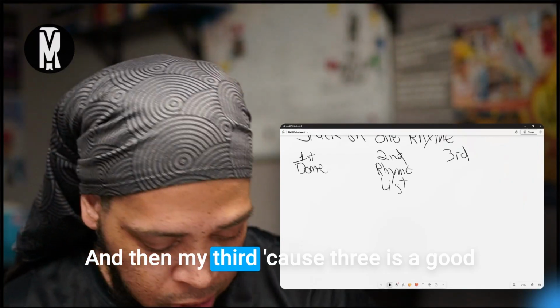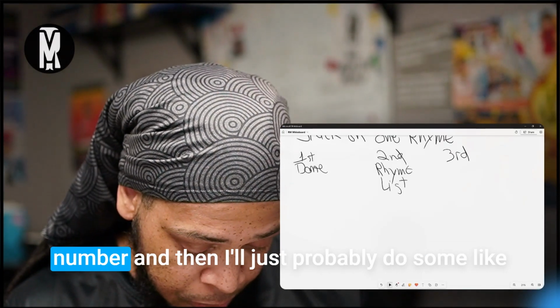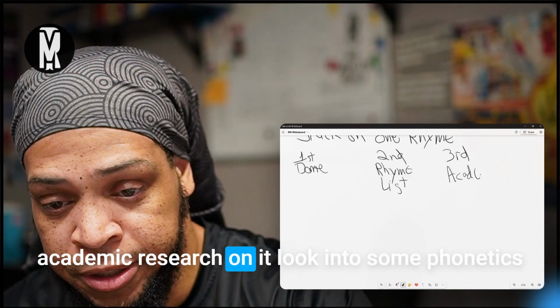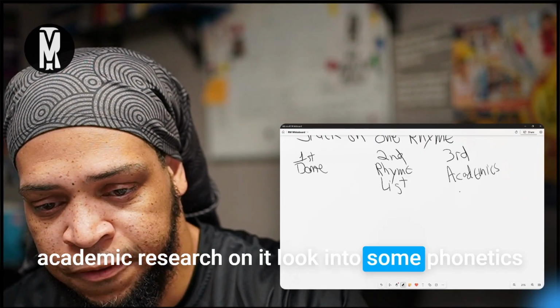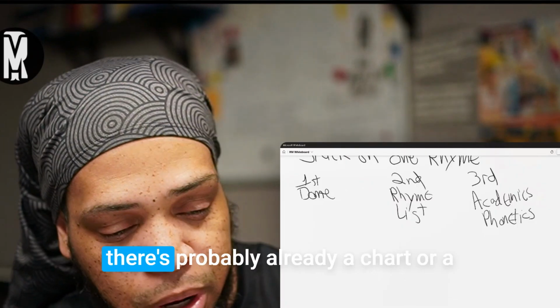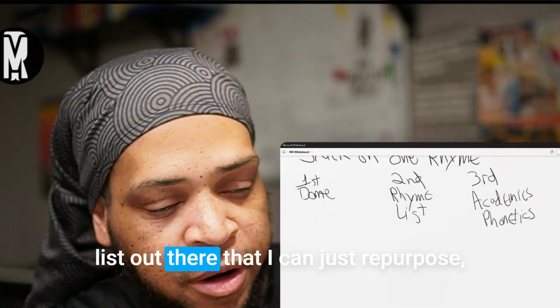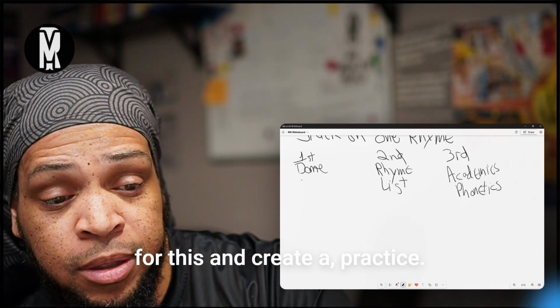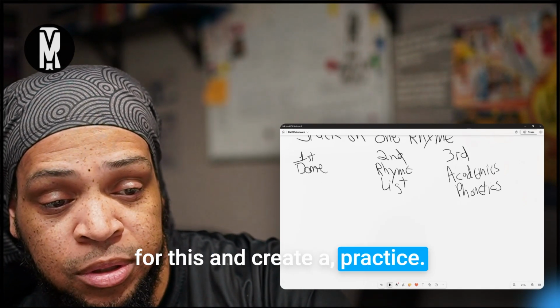And then my third, because three is a good number, I'll probably do some academic research on it, look into some phonetics, because there's probably already a chart or a list out there that I can just repurpose for this and create a practice.